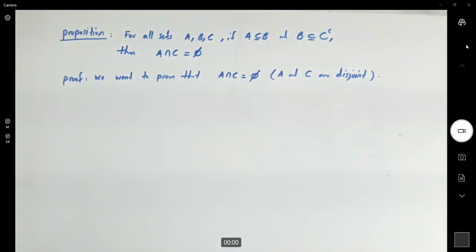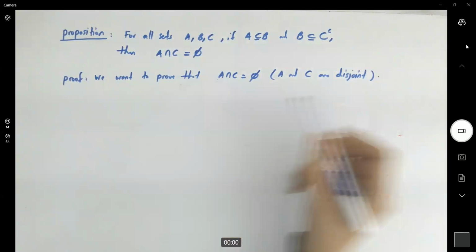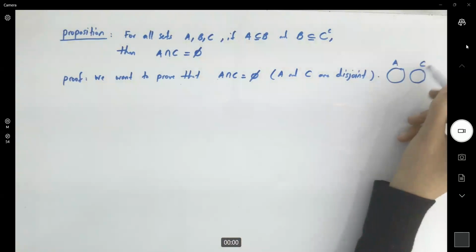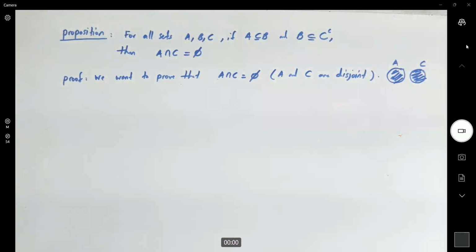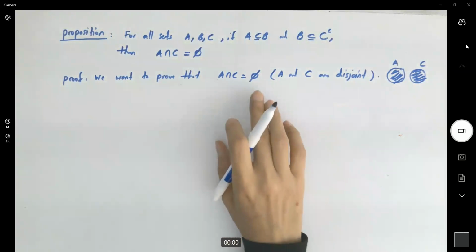Nothing in common between A and C. So if this is your A, then there is no intersection with C. The intersection is empty, two separate sets. Okay, how do I prove this? The intersection is equal to empty.